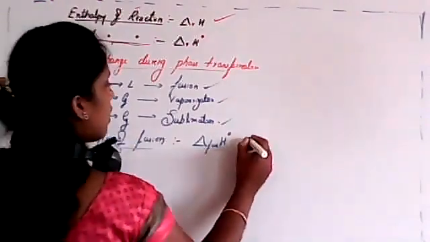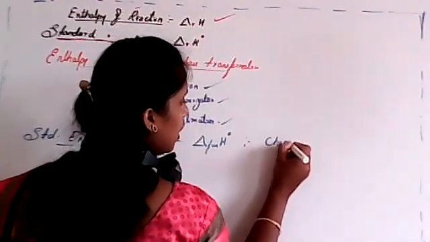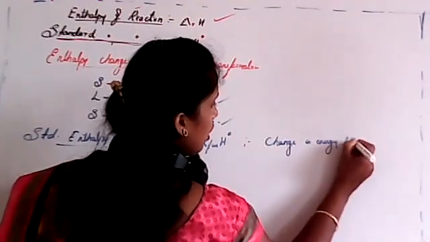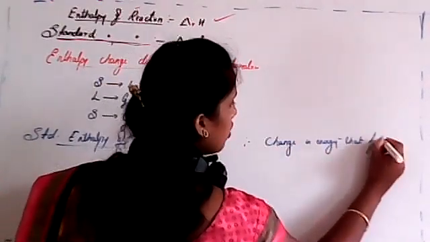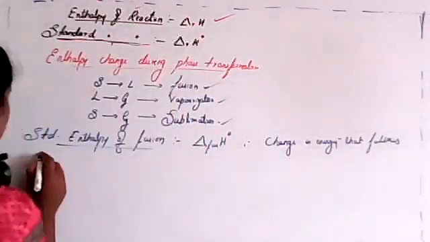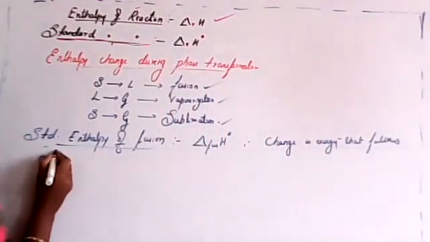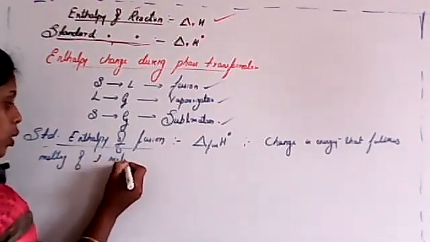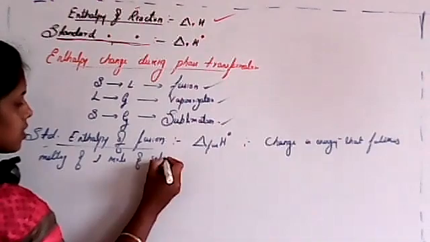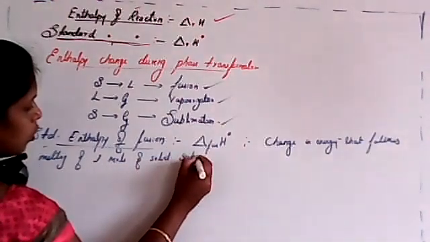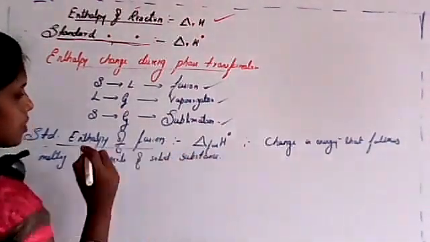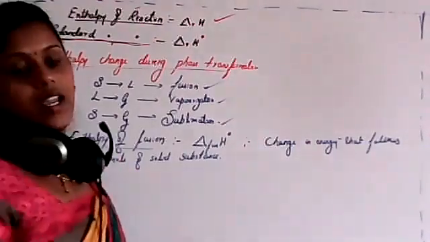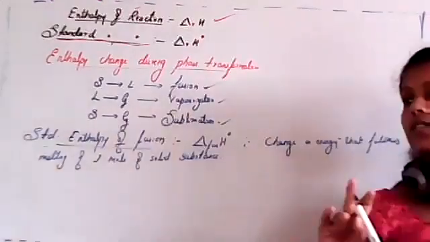It is a change in enthalpy or change in energy that follows melting of 1 mole of solid substance. 1 mole of solid substance at its standard state is called what?